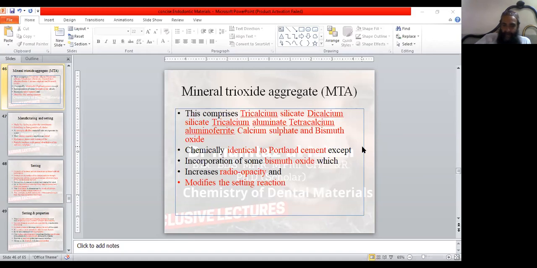Chemically, it is identical to the Portland cement, which is used in the construction industry, except some bismuth oxide, which is added for the radiopacity, and it also modifies its setting reaction.